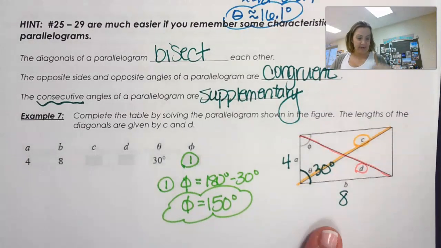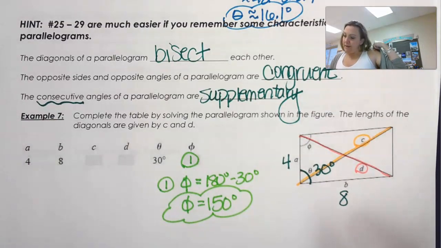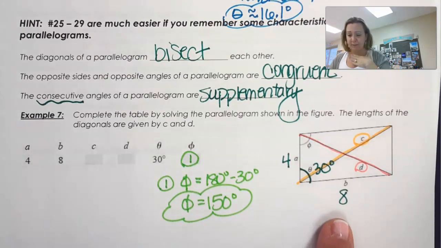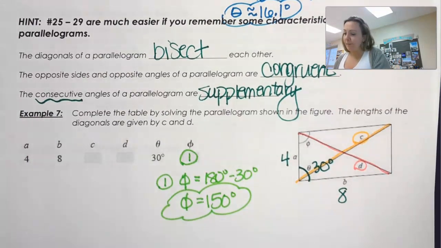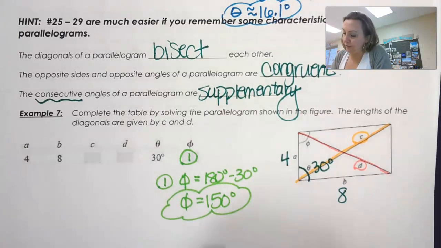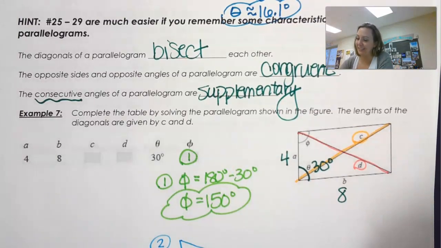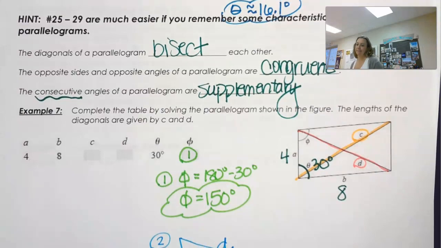We could move on and do C or D next, if you want. And the reason is because if we look at the triangle that we have with that angle that's here, we know that this is 4, this is 8, this does not look like 30 degrees, but it's 30 degrees, and I'm looking for this side D, the side length D, okay?